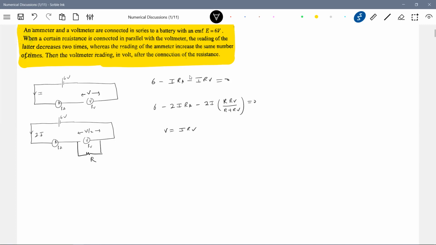So therefore V dash, I'll write, it'll be easy for me. V dash should be equal to V by 2, whereas V dash should be equal to 2I R RV by R plus RV. V dash is in terms of V; we have to find out some value.